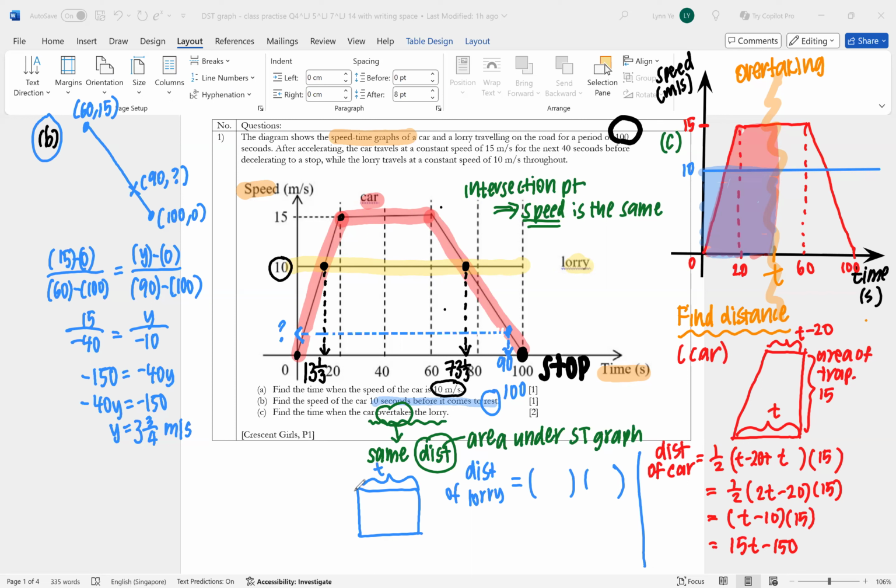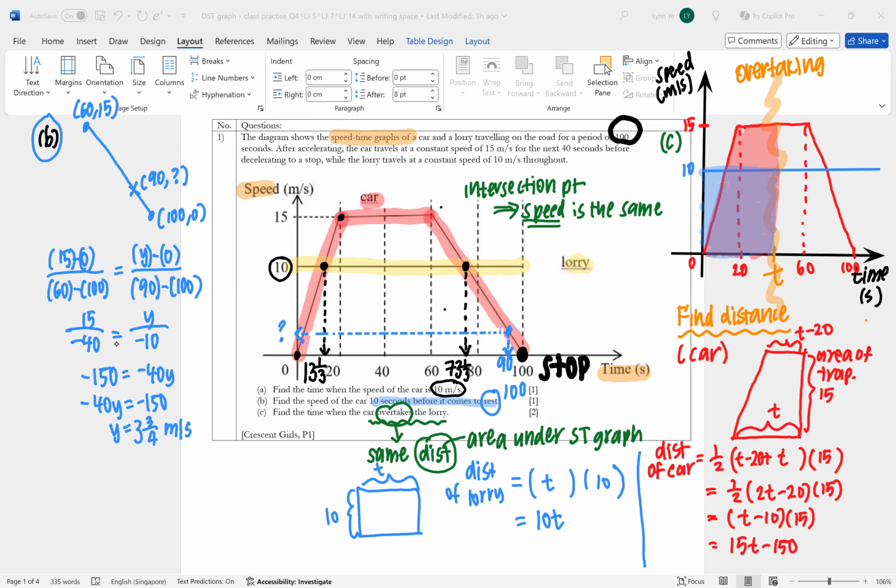Yes. What's the breadth? So we have length and breadth. So T times 10 will give me what? 10T. And we know the one in green said that when you overtake, it means the distance is the same.